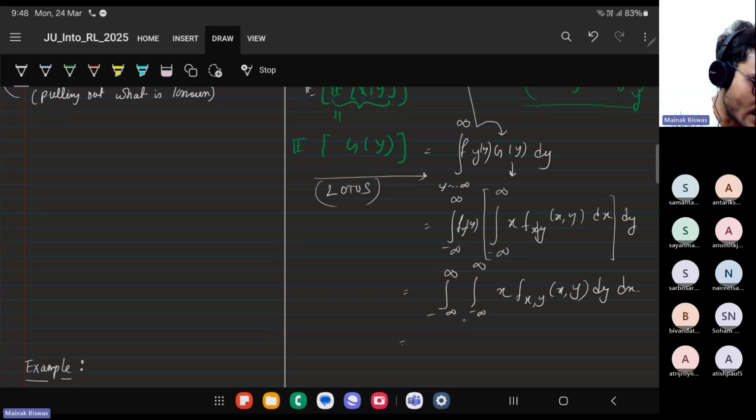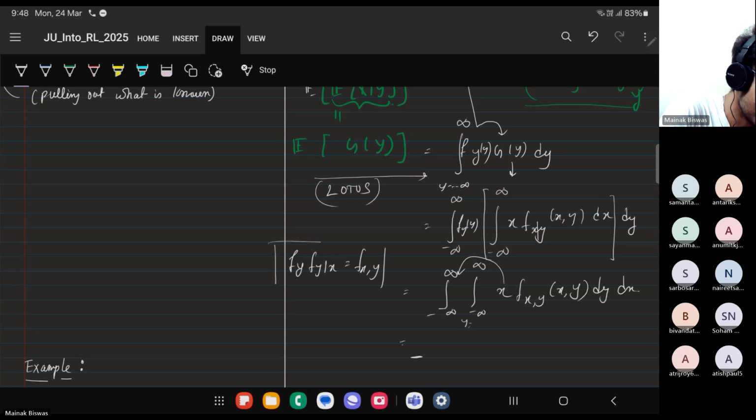So now this is an integral over y. I can pull out x. Did you understand? I used this property: f of y times f of x given y is nothing but the joint distribution. Yes or no? The conditional, that is, y given x is equal to f of x, y divided by f of x. Whatever I'm writing here, is it clear? Yes. Fine.